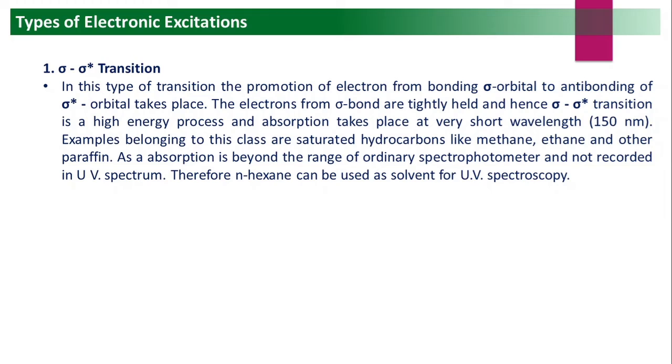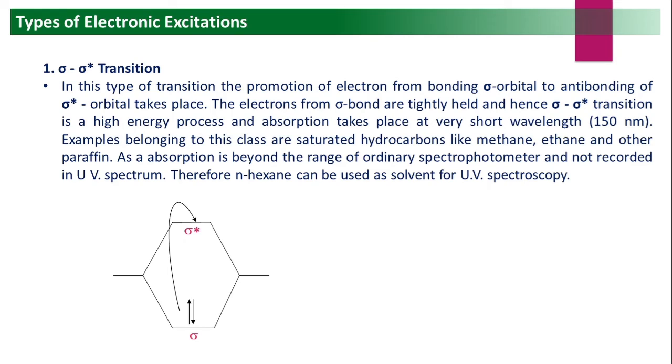That's why we use n-hexane as a solvent for UV visible spectroscopy, because n-hexane absorbs below 150 nanometer, and that absorption won't be recorded by an ordinary spectrophotometer. That's why it can be used as a solvent in UV visible spectrophotometry, since it won't interfere in the absorbance of the substance.